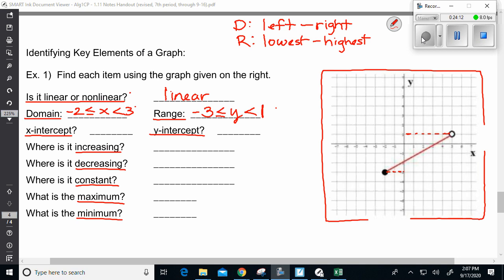To get domain, you take the point and trace it back to the x-axis. So range has to go back to y, domain has to go back to x. Domain always goes to the x-axis, range always goes to the y-axis. Hopefully that clarifies what you have to do.